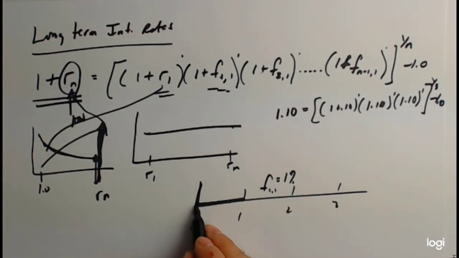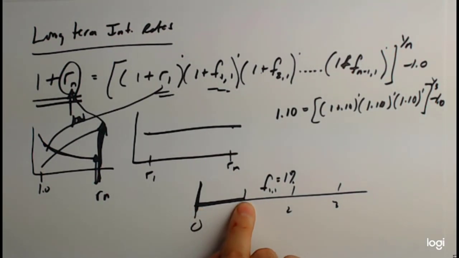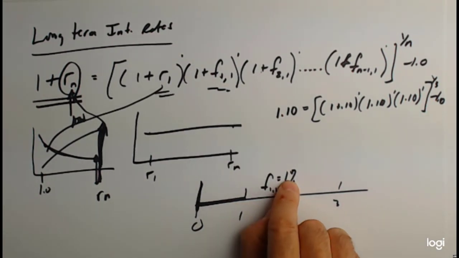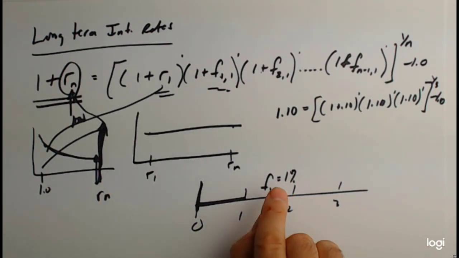Well, we expected 1% here, but remember the random walk hypothesis basically says, look, anything can happen between now and 1 year from now. And if that's the case, interest rates could be higher or lower, and just by chance, they could be 1% in the future. So the point is, these are expectations. Our expectations are often wrong.